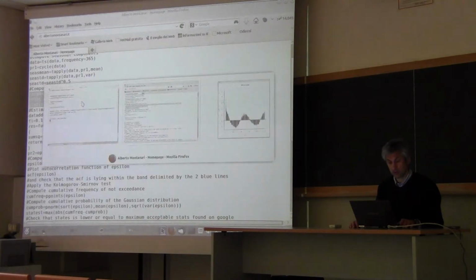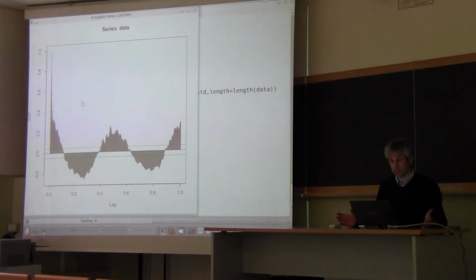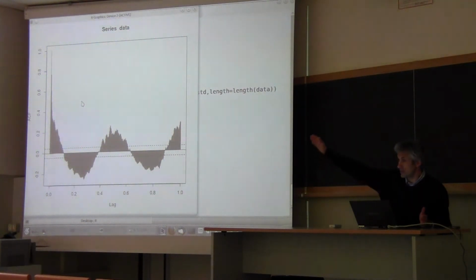So let's see what happens. If I go in the plot window, you see here what happens. This is clearly an autocorrelation function that tells you that there is seasonality. First of all, look at the ordinates. You see that they vary from minus 0.2 to 1. And at lag 0, you have an autocorrelation coefficient of 1. This is fine.